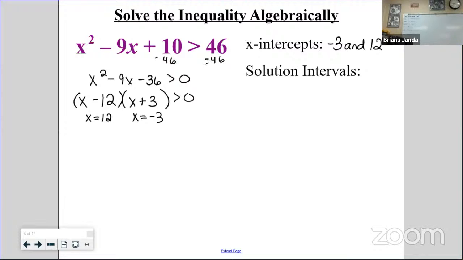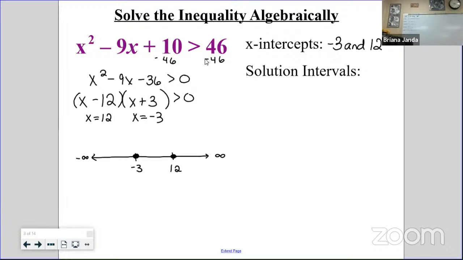Order does not matter. Until we draw it on our sign chart, then order really does matter, right? We take this in numerical order. So from negative infinity up to infinity, I just put a mark. You can make a full-fledged number line. I don't. I just put the marks of my zeros. So there's my interval. I have an interval from negative infinity to negative 3, from negative 3 to 12, and 12 to infinity.